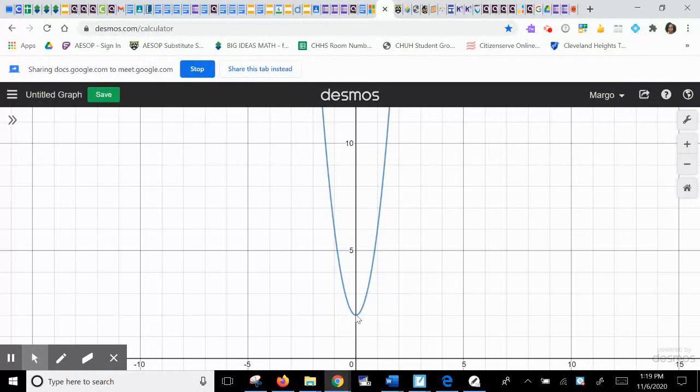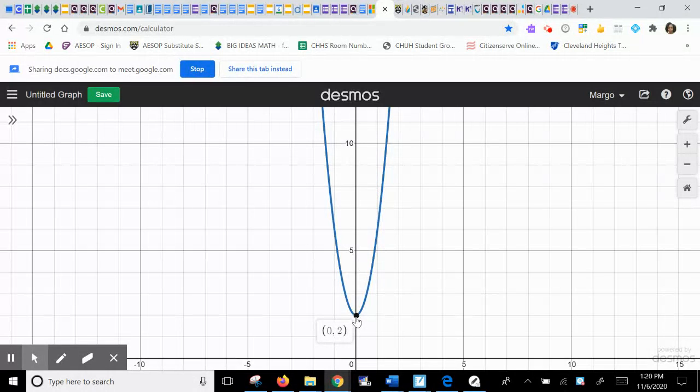So here, this is our vertex. This is the bottom of the parabola. The vertex is at the bottom, so this graph will have a minimum. By the way, I'm not doing the other problems with you guys. I'm just showing you different scenarios. So this parabola has a minimum at the vertex, which is at 2 for the k. The axis of symmetry will be x equals 0, which is actually the y-axis.